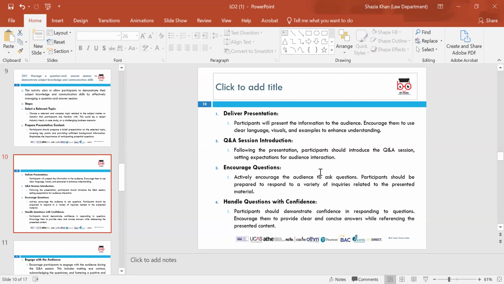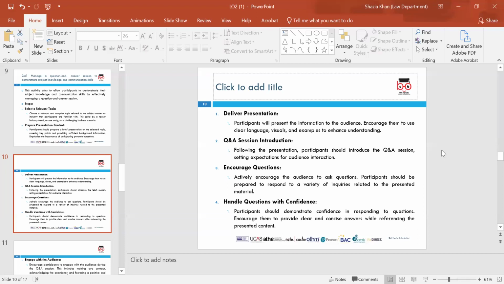You must encourage them to use clear language, visuals, and examples to enhance understanding. So you could use PowerPoint slides, you could use Google Slides. You have a question and answer session, which is an introduction. Following the presentation, participants should introduce the question and answer session, setting out expectations for audience interaction.